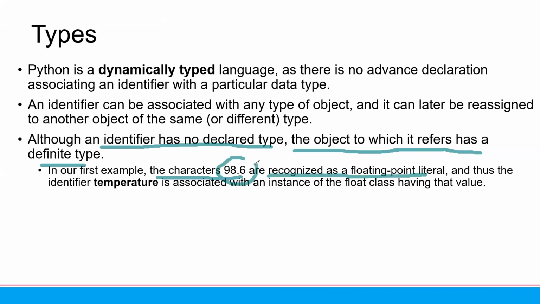We know this is decimal. Thus, the identifier temperature is associated with an instance of the float class having that value. It will automatically be in the float class.